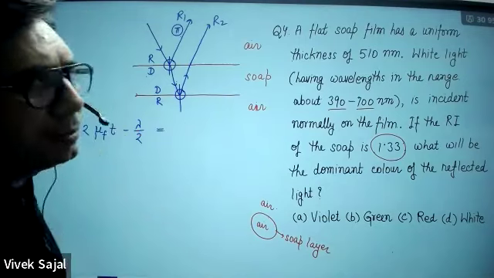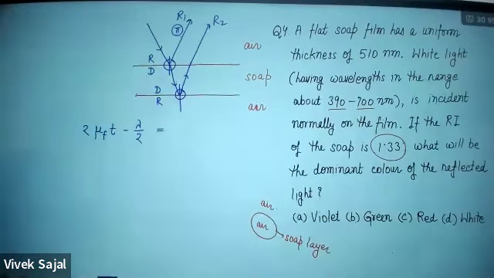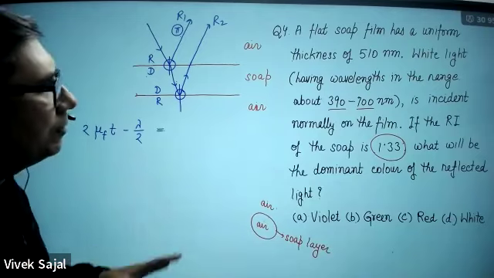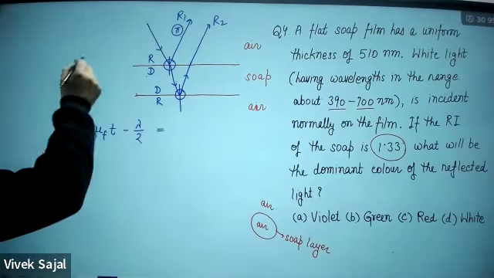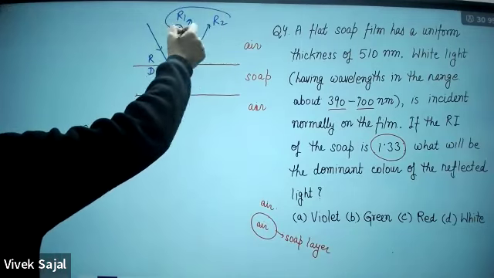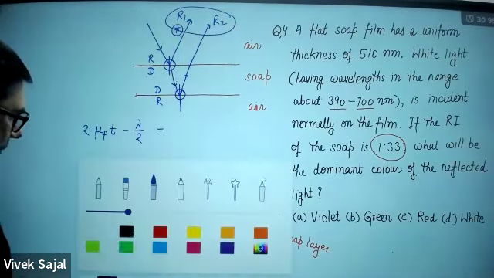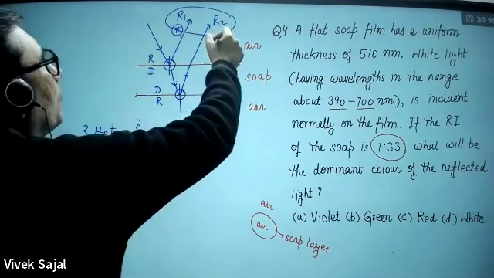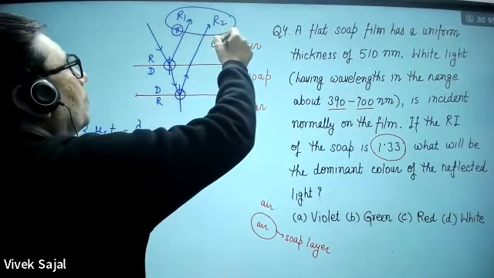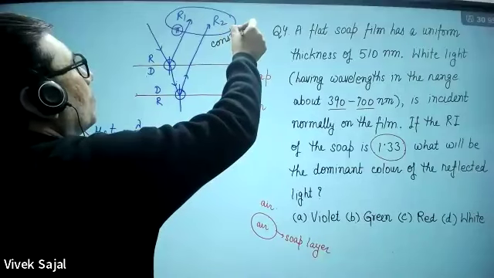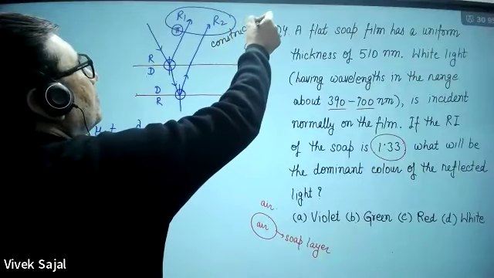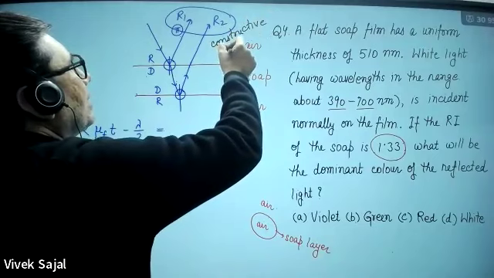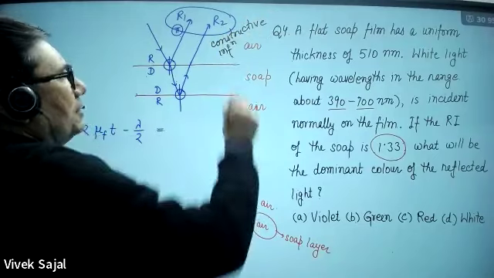What do you want? You want constructive interference. So for constructive interference, what do you want here? Constructive interference for maximum intensity, for bright fringes.